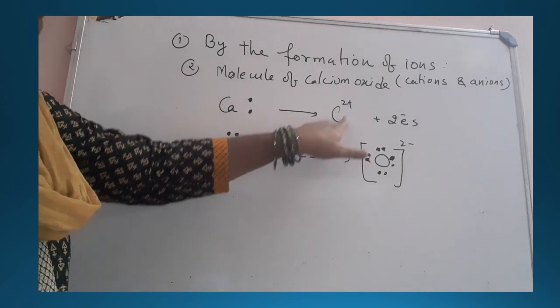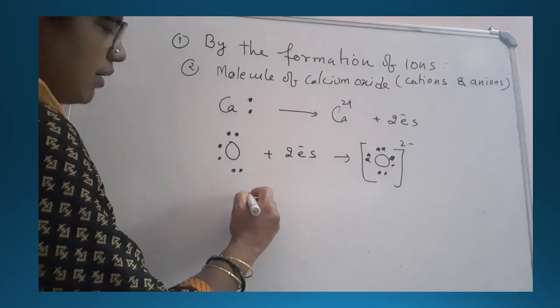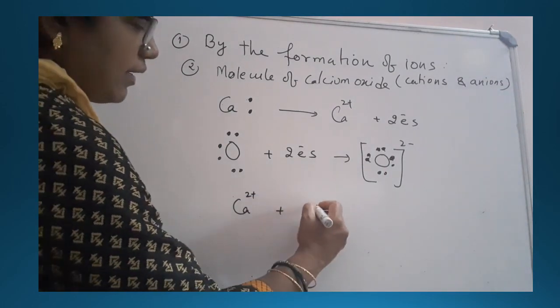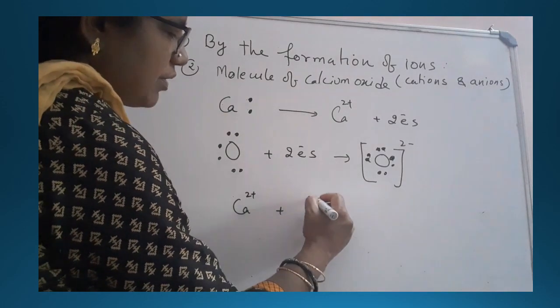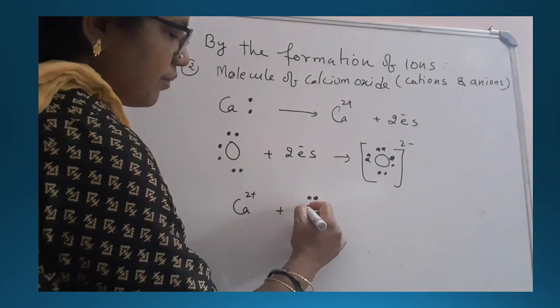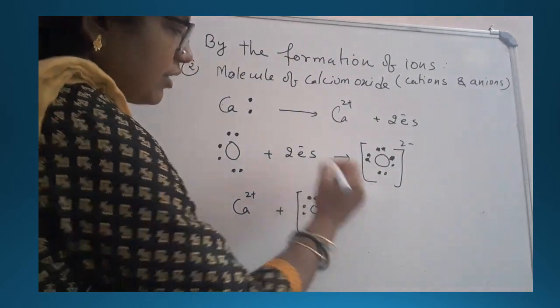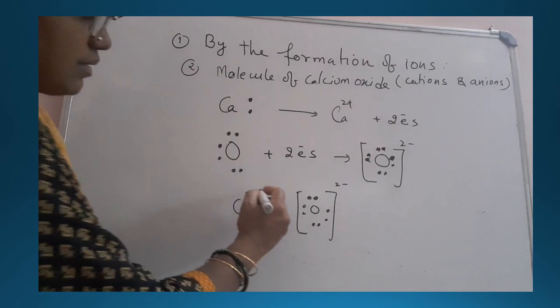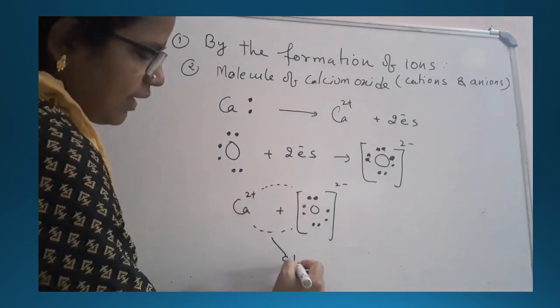Between the calcium cation and the oxide anion, there will be a strong force of attraction between these 2 oppositely charged ions, and that force of attraction is known as electrostatic force of attraction.